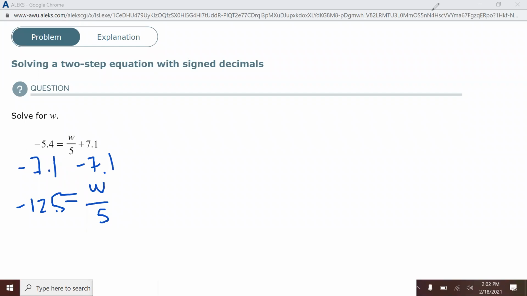Now, I will multiply both sides by the denominator so that I get w on the right, all isolated, just the way I want it. And on the left, I get negative 62 and a half.